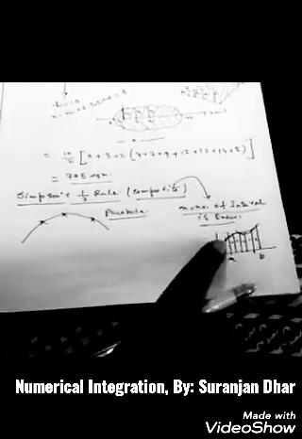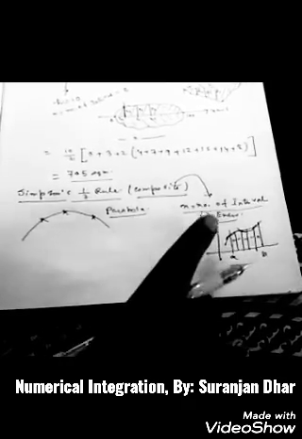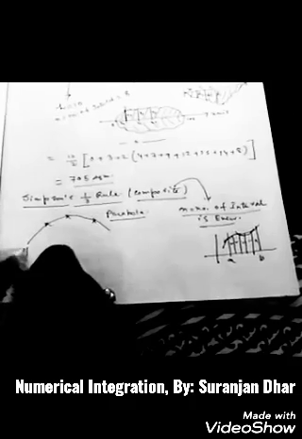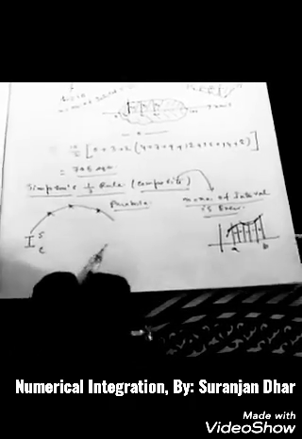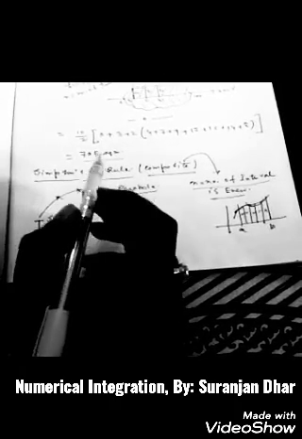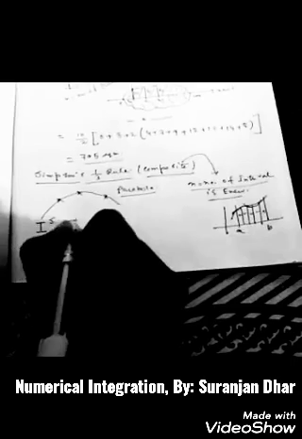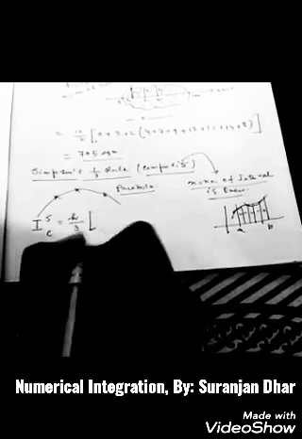As a parabola is a curve, the required area is more correct, and the formula is I_SC, where S means Simpson's one-third rule and C is composite. In the trapezoidal rule we use h by 2 and here we use h by 3.